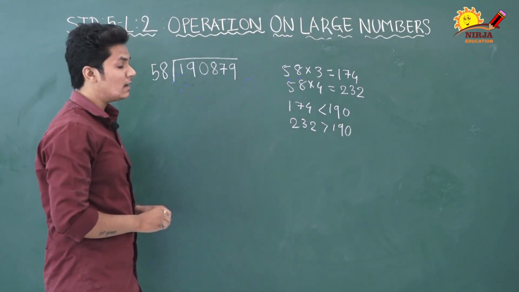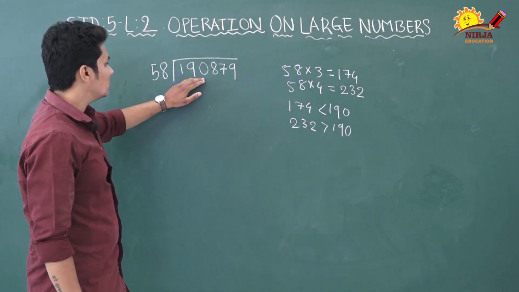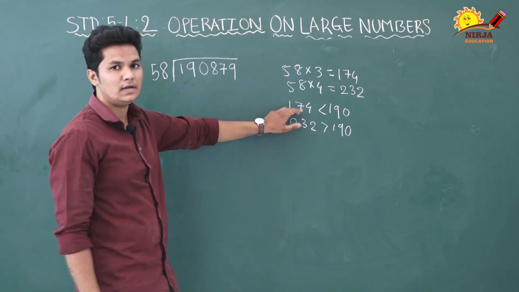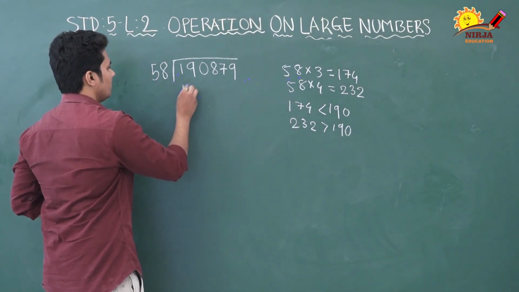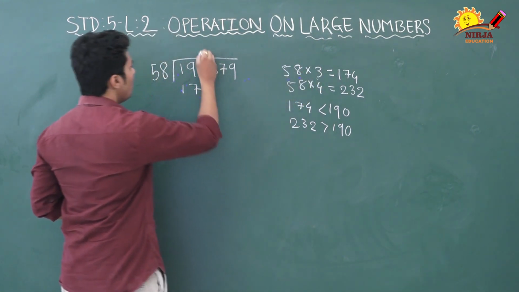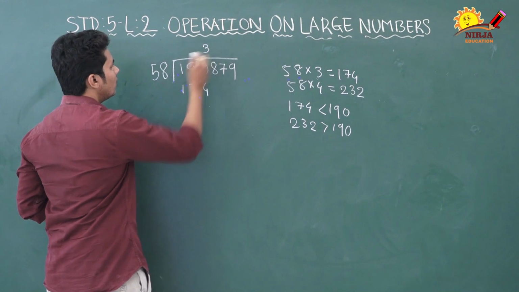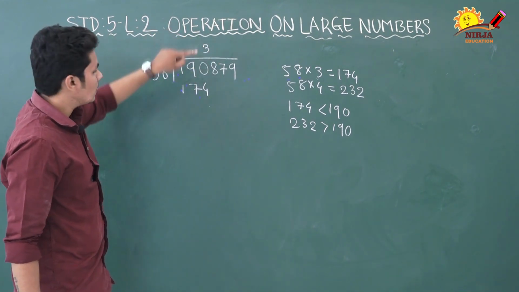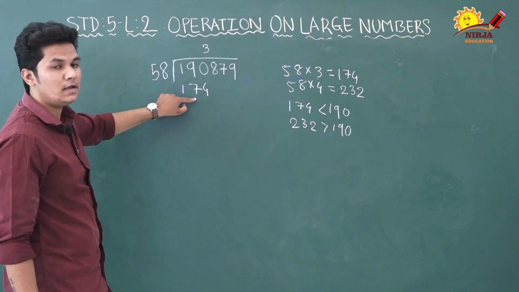So we cannot write a number greater than the number that we are dividing. So we will write 174 and we will write 3 just above 0. Okay. So 58 multiplied by 3, we get 174.